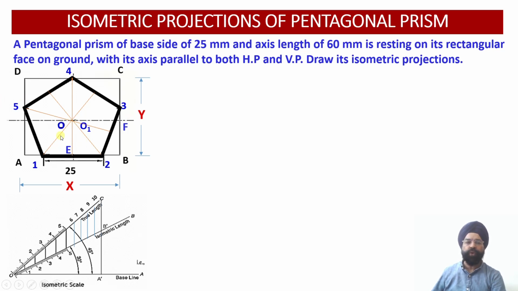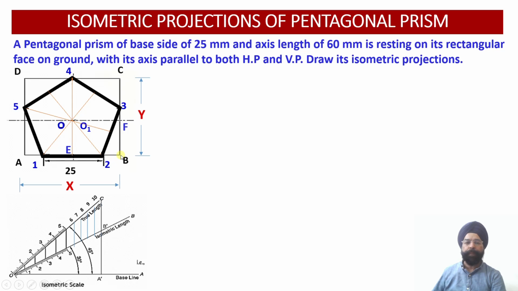So once again, since we have inscribed this pentagon into this rectangle ABCD, from the corner point A of this rectangle we are going to measure the distance of point E. So one center line will be located over there.